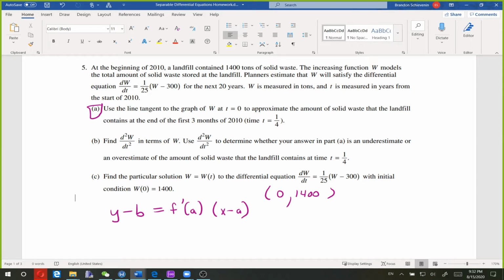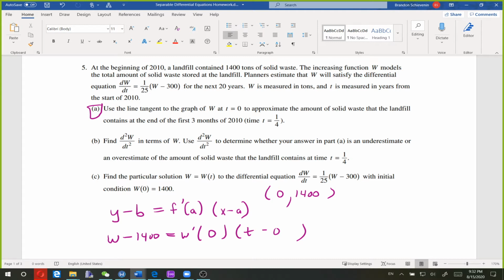So this would be for us, my y value is W minus our b value 1,400 is equal to the derivative, which would be W prime at the t value 0, times t minus 0, where W prime at 0 is dW over dt when t equals 0.